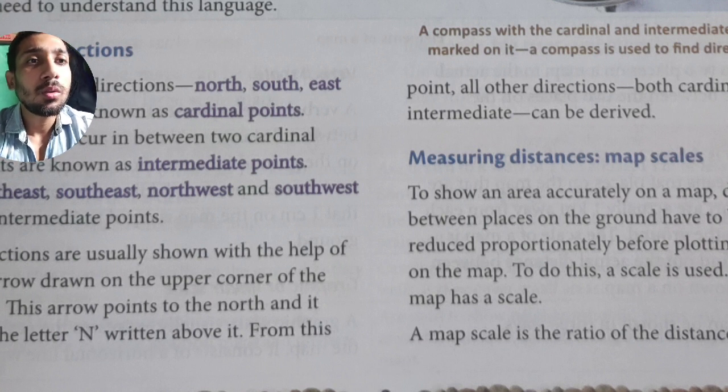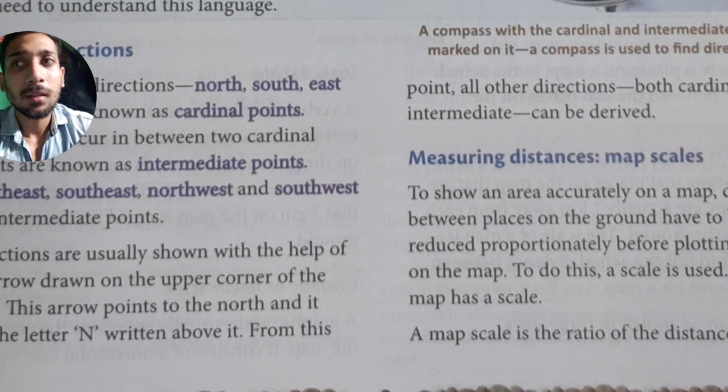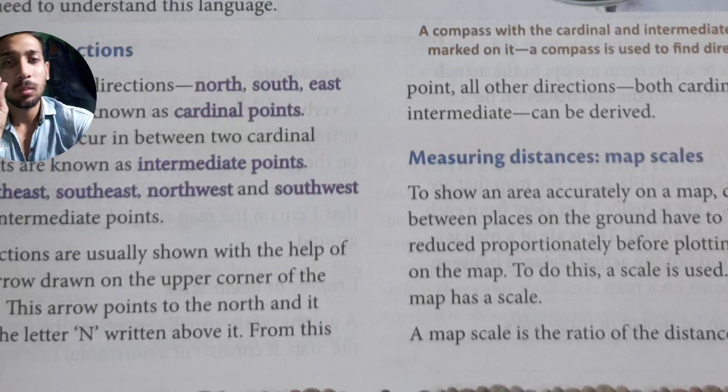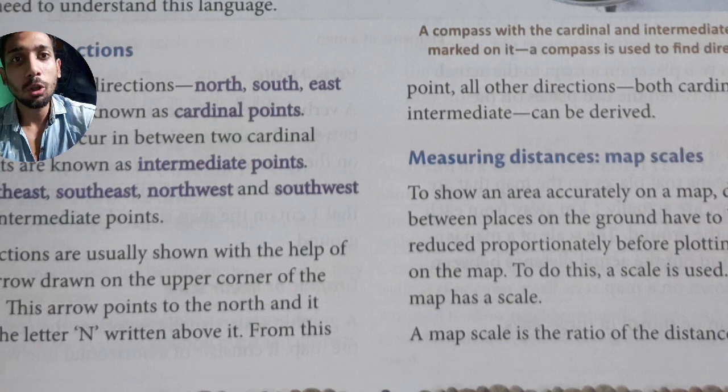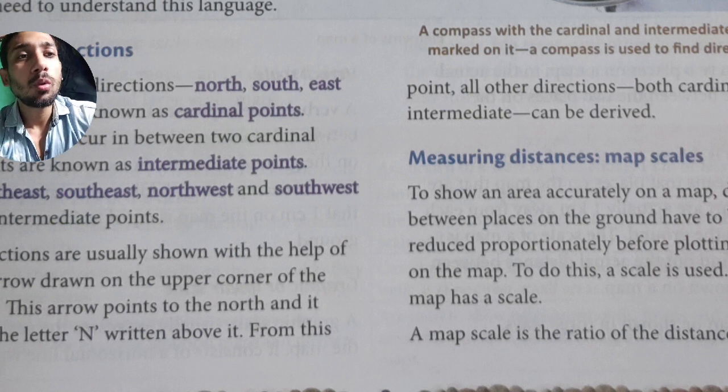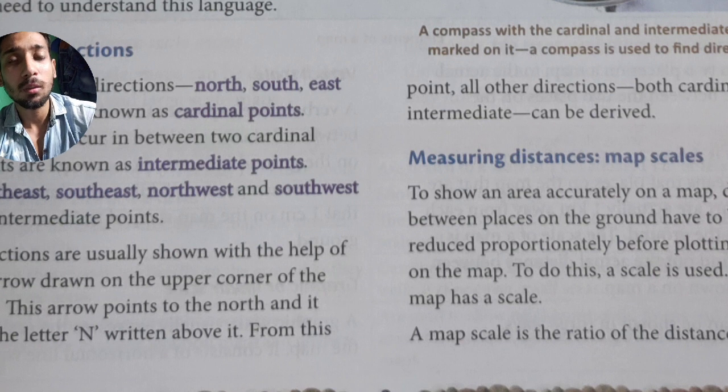On the map, the distance between some areas looks very small, but in reality it may be up to 2 kilometers, up to 50 kilometers. So we use a certain ratio or proportion when plotting them on the map, so that while reading a map we can get the exact distance between areas or locations properly.